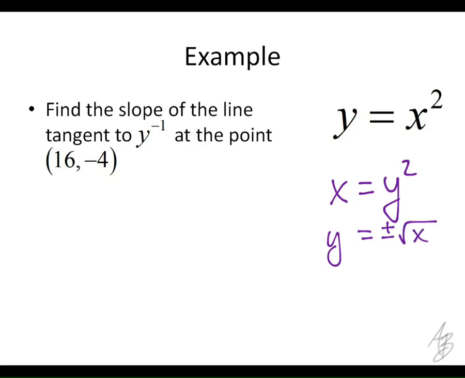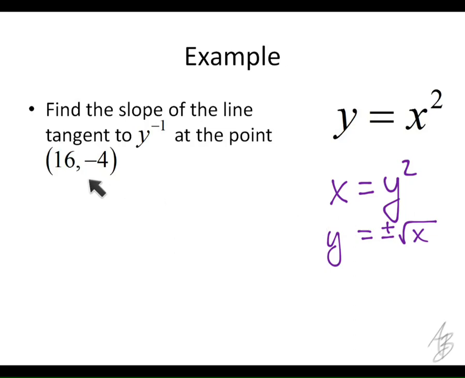Good. All right. So first of all, if you notice here, if we put 16 in for x, we actually get two different values, don't we? What are the two values that we get? Positive 4 and negative 4, exactly.